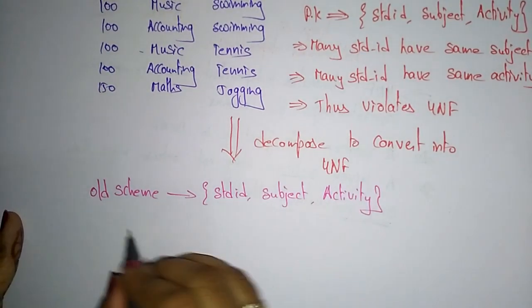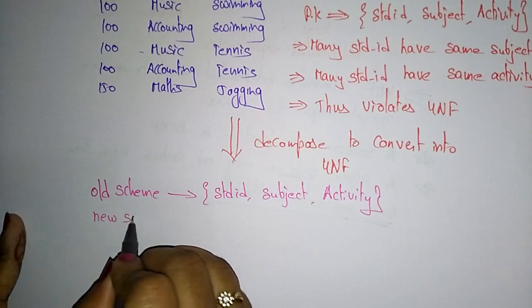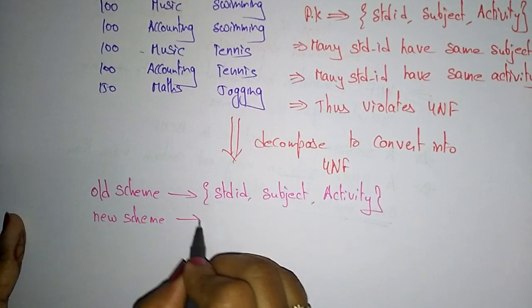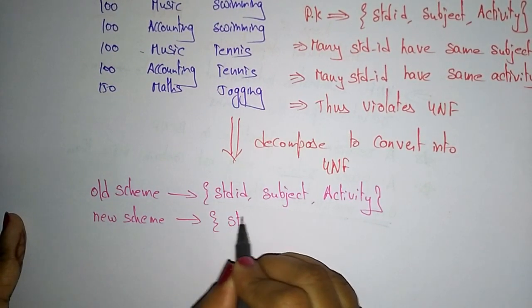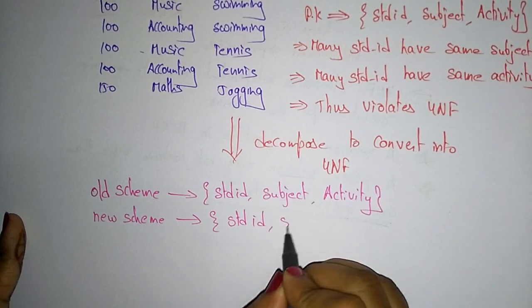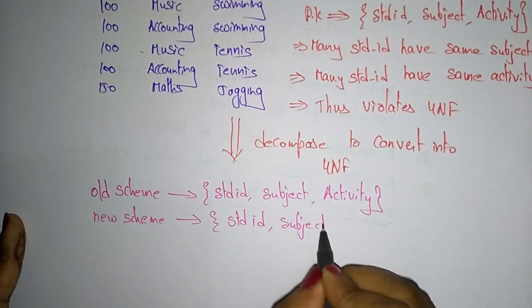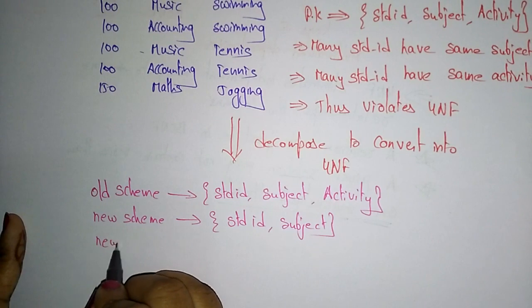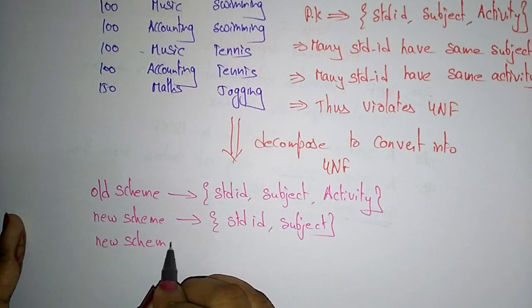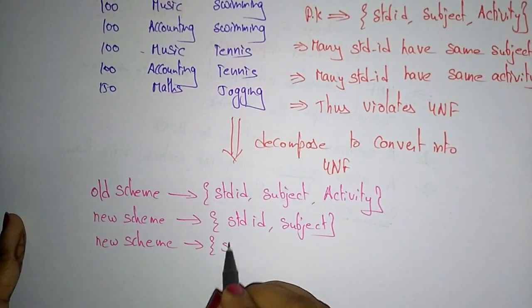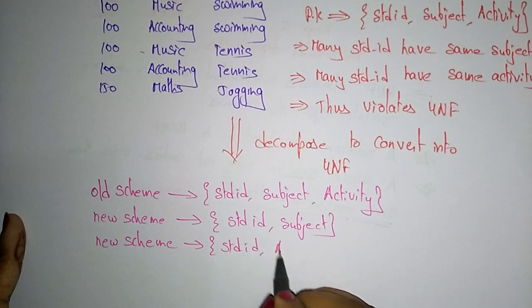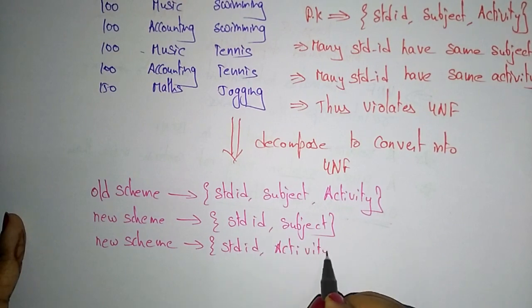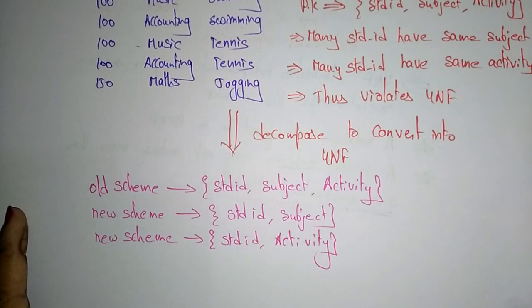Coming to the new schema, which means the decomposed tables: in the first table I am taking the fields student ID and subject, and in the second table of the new schema, student ID and activity. So I decompose the table into two tables.